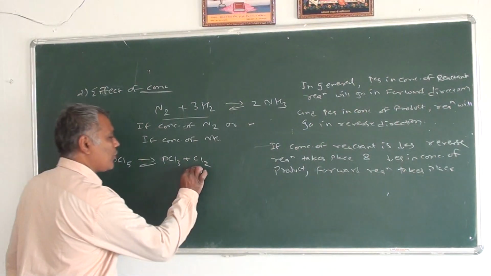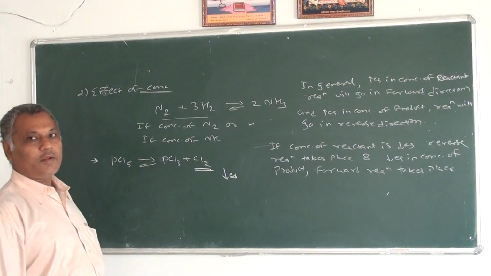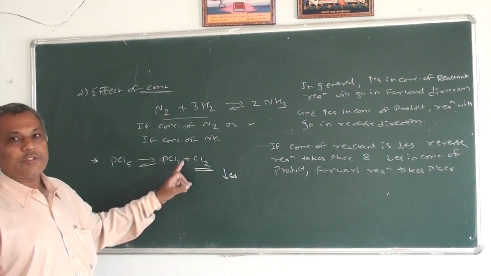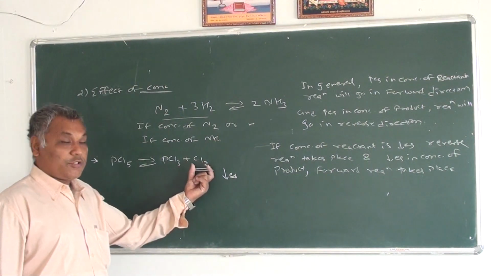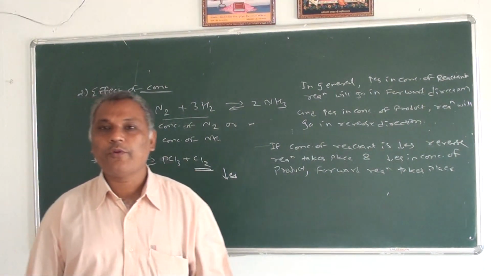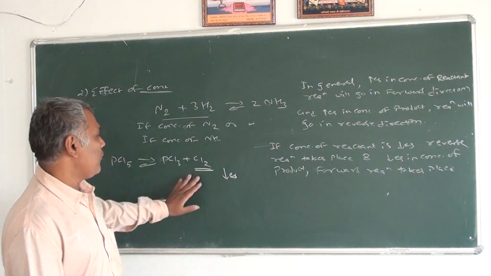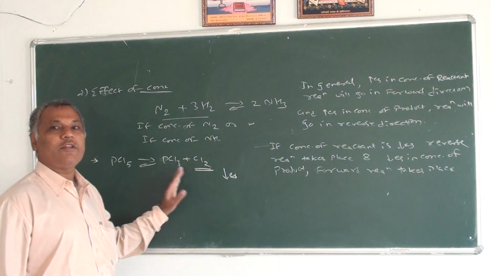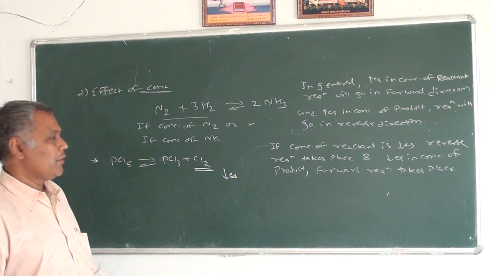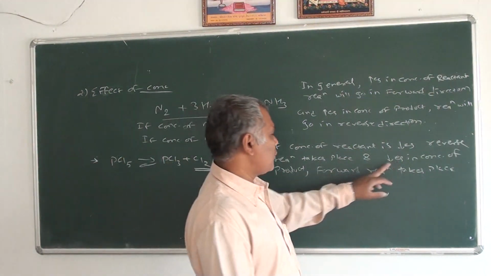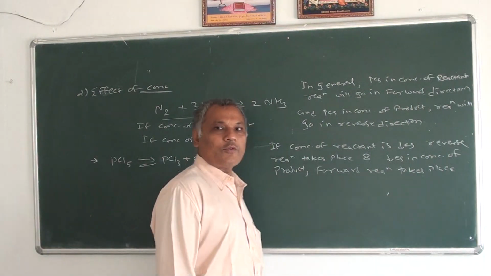If the concentration of Cl2 is reduced, the Cl2 is removed, so it wants to increase the quantity of the Cl2. To increase it, the reaction has to proceed in the forward direction. We wrote it: if the concentration of the product is reduced, the reaction will move in the forward direction.